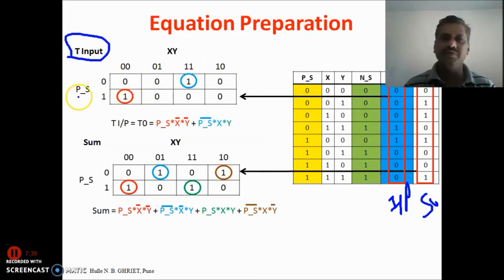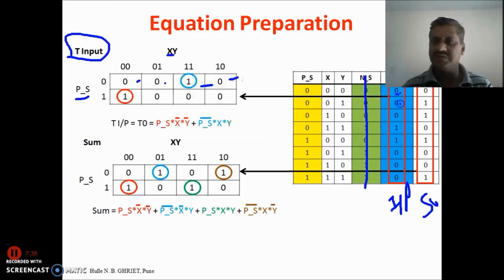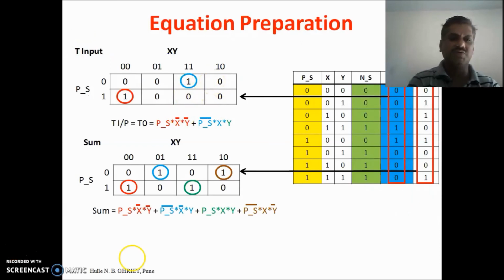Here we have the 3 inputs, that is PS, X, Y. We are not interested in the NS here. For 0, 0, 0 the entry should be 0, and so on. We are entering this into the K-map, and finally we have this equation.